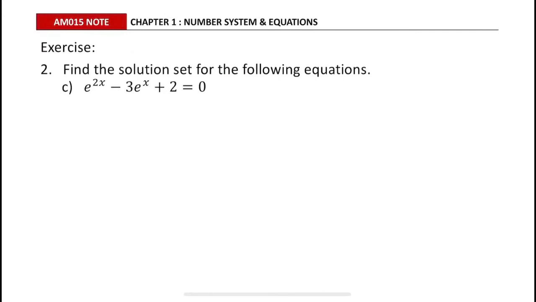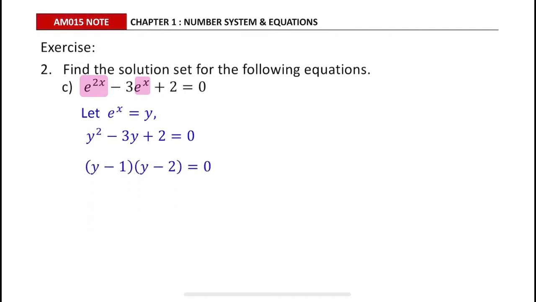For this question, the indices of this equation are exponent 2x and exponent x, and they are already of the same base, and we can directly let exponent x equal y. Then we will get a quadratic equation in terms of y. Factorize this quadratic equation and we get the value for y.